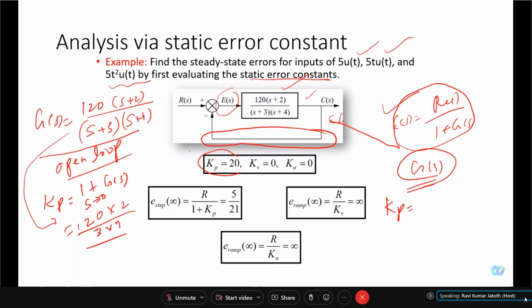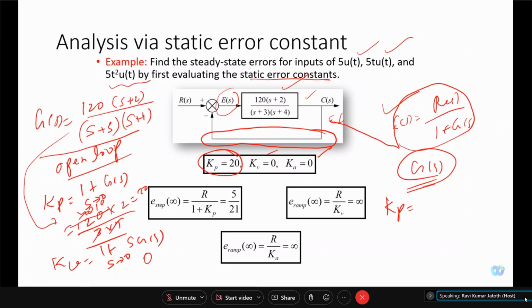So is that fine? Then Kv is the limit as s tends to 0 of sG(s). So what is Kv? 0. And then what is Ka, which is the limit of s²G(s)? Ka is also 0.